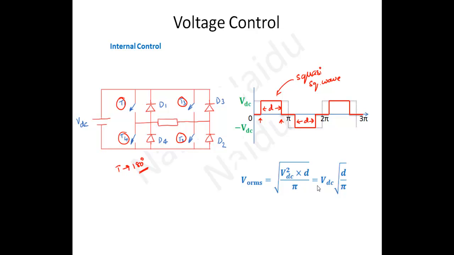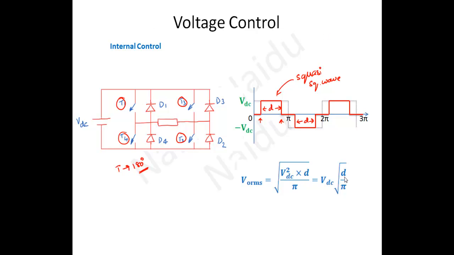So VDC comes outside, and root of D. So here the output voltage of this waveform depends on the width of the waveform. If you change the width by controlling the switches, you can get a variable output voltage without changing the input voltage. That is one of the control techniques.